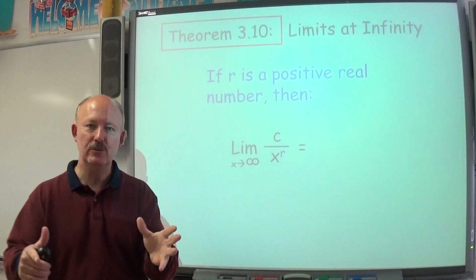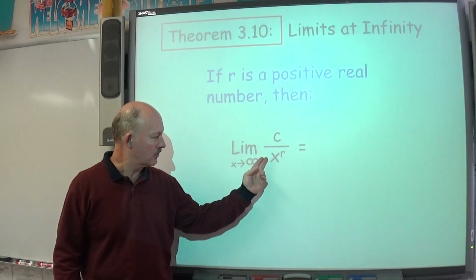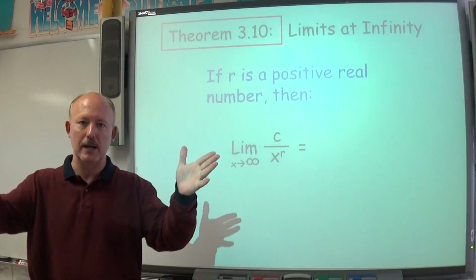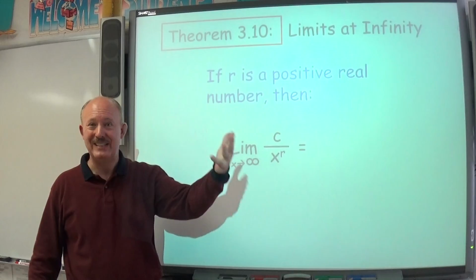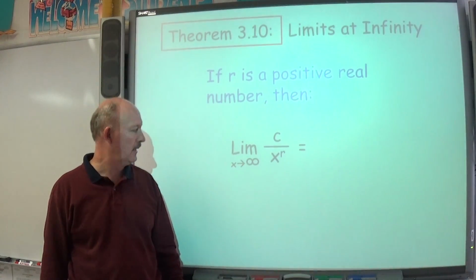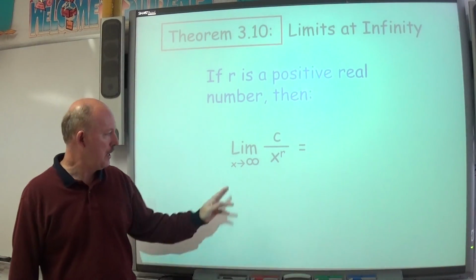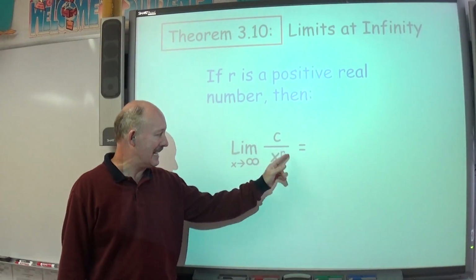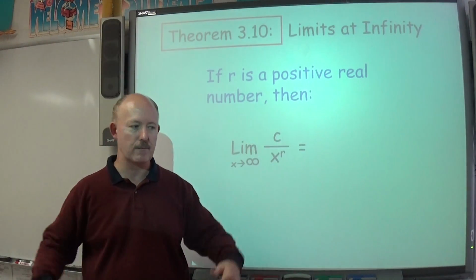Now, what happens to this fraction when the bottom of the fraction just keeps getting bigger and bigger? The top of the fraction is still just a number c. So the top of the fraction doesn't change. As x approaches infinity, c is still c. But the bottom of the fraction keeps getting larger and larger. Now notice what happens to the fraction.